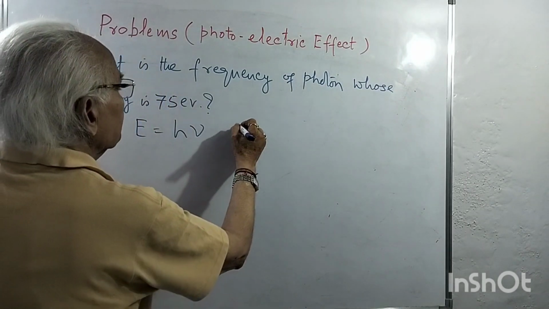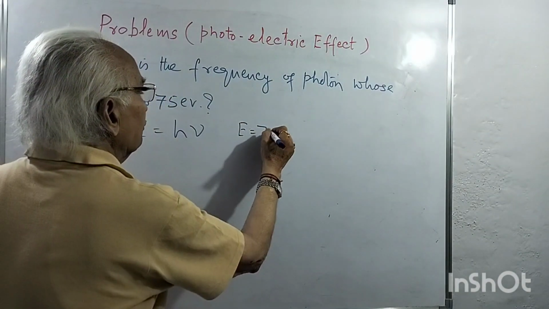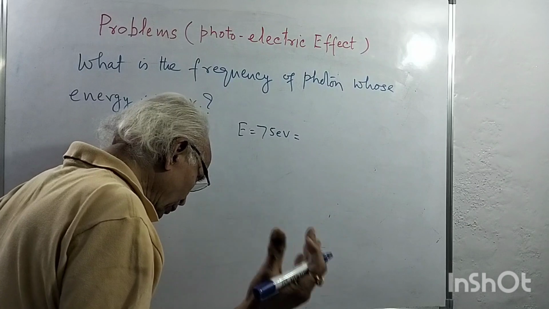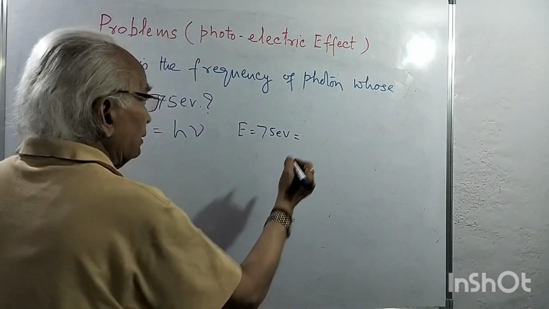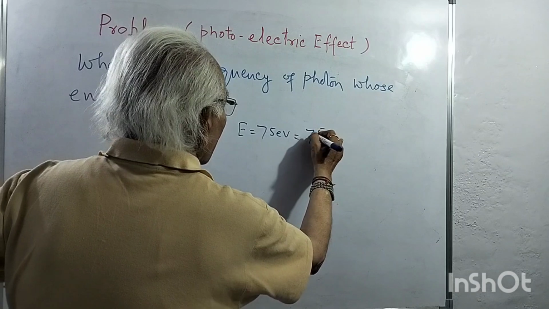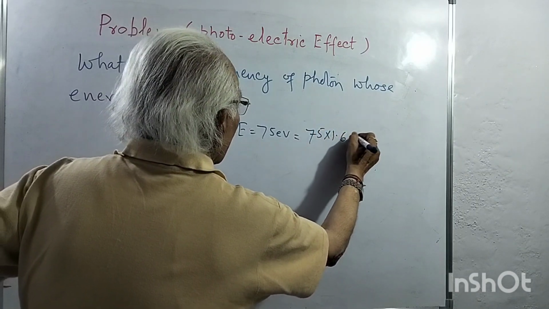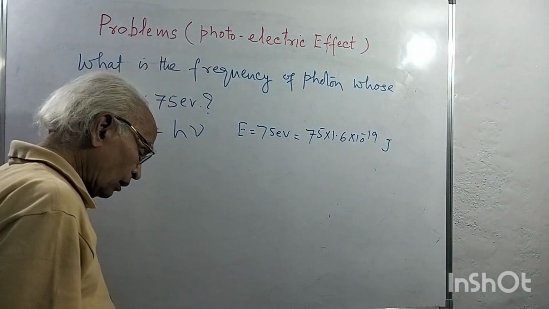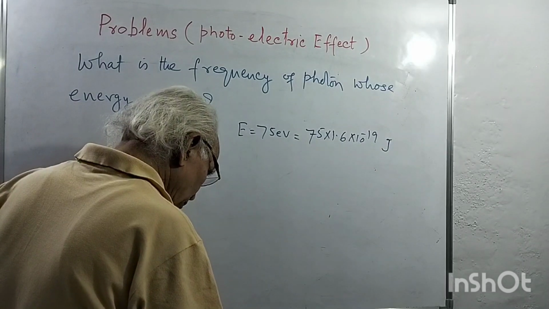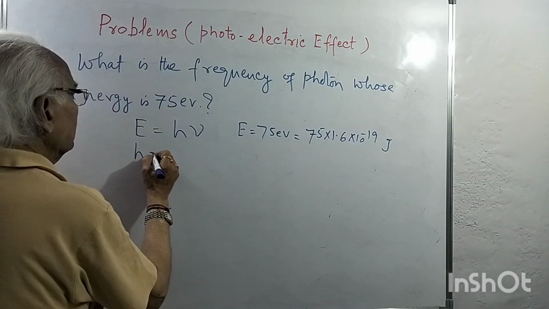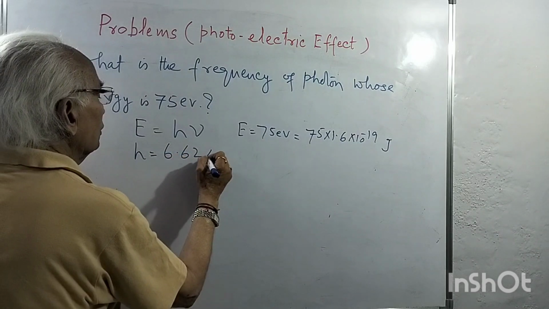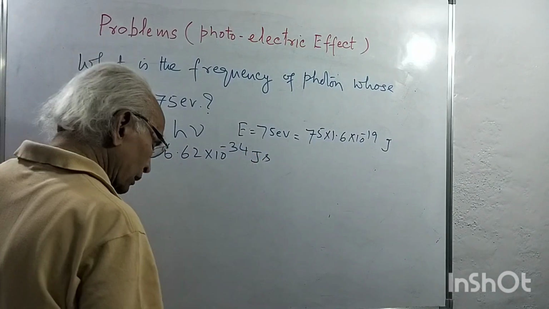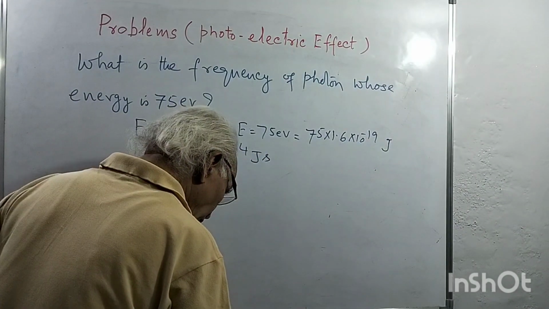E is equal to 75 eV, and you can convert this into the proper unit of energy, that is joules. So 75 into 1.6 into 10 to the power minus 19. This is now in joules. And h is equal to 6.62 into 10 to the power minus 34 joule second.